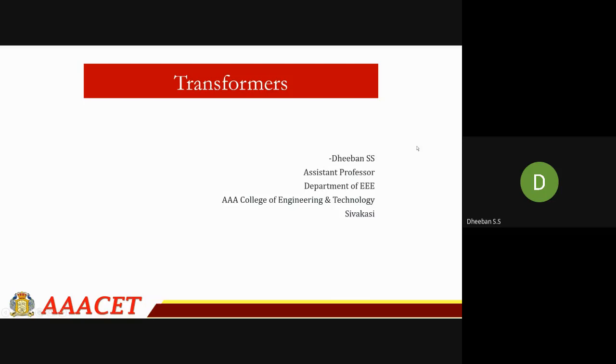So, in today's lecture, we will be moving on to your unit 2. In your unit 2, we will be seeing about a special electrical device called a transformer. In this unit, we will be covering the transformer's working principle, and after that the EMF equation associated with it.